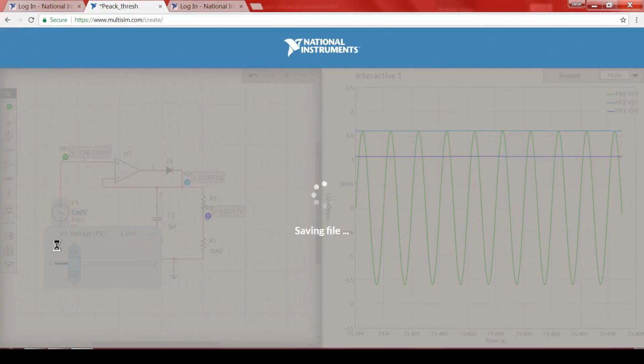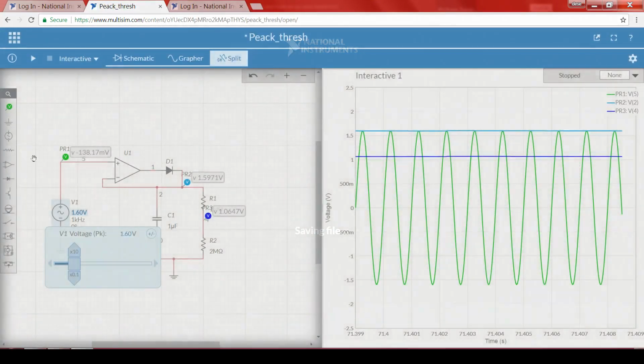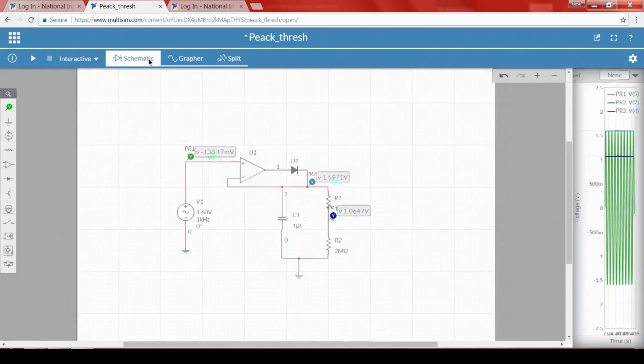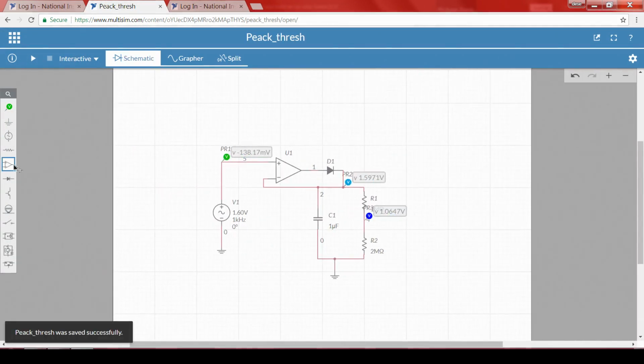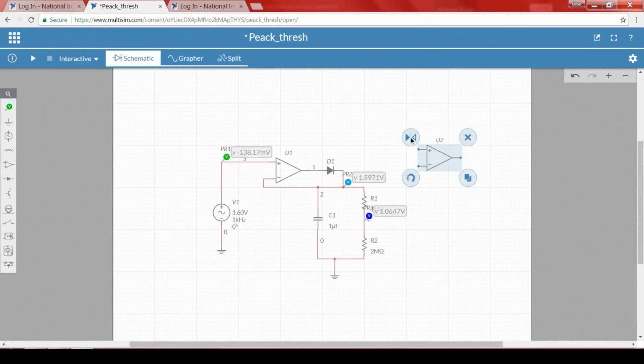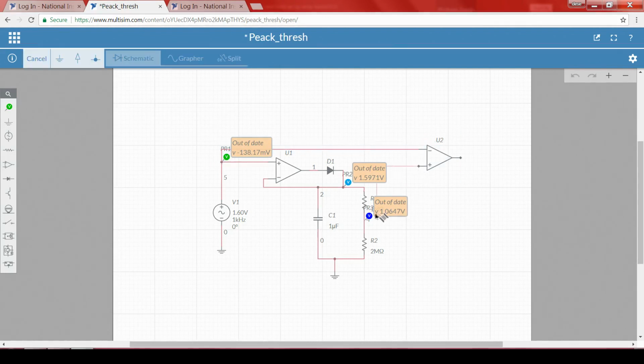I am opening a new file, or to this itself we can create an extension of it by using another comparator. I will go with the schematic and take one more op amp. Let me flip it. To the positive terminal we are connecting the threshold value, and to the negative terminal we are connecting the input signal.